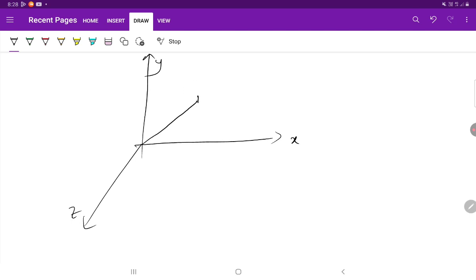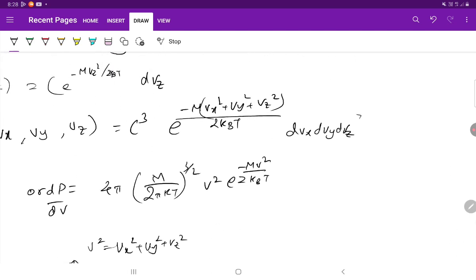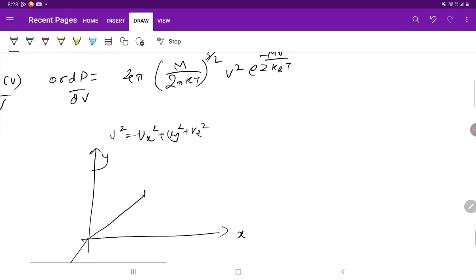I will consider dvx dvy dvz as some infinitesimally small volume d tau, and vx square plus vy square plus vz square basically represents the magnitude of this vector v.